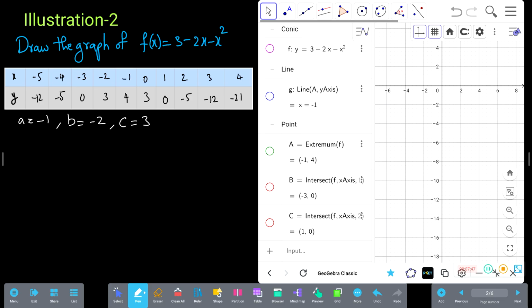So here we can easily say that the coefficient of x square is minus 1. So this is a negative value. So the parabola will be open downwards.